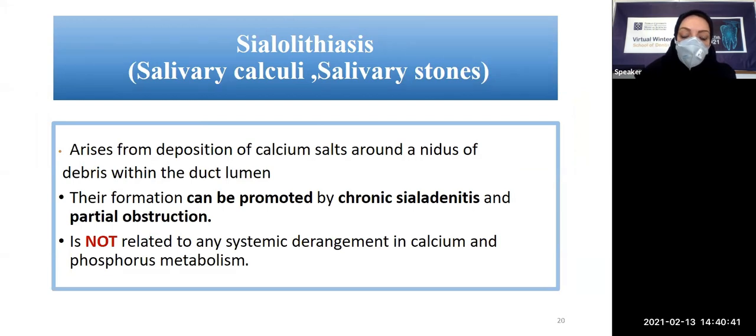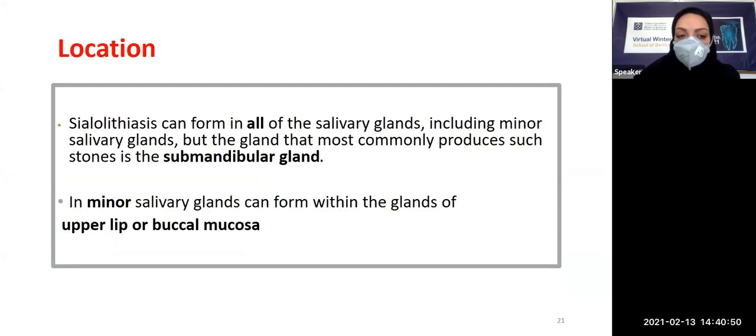And the most important part is that it is not related to any systemic dysregulation of calcium and phosphorus metabolism. It can occur in minor as well as major salivary glands, and the most common site of involvement is the submandibular gland duct. But it can also occur in the minor salivary glands, especially the upper lip and buccal mucosa.